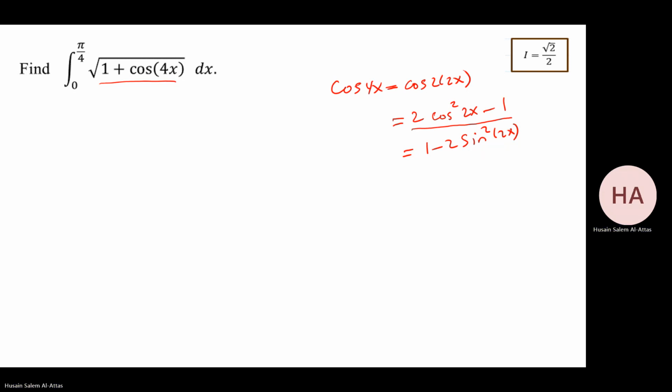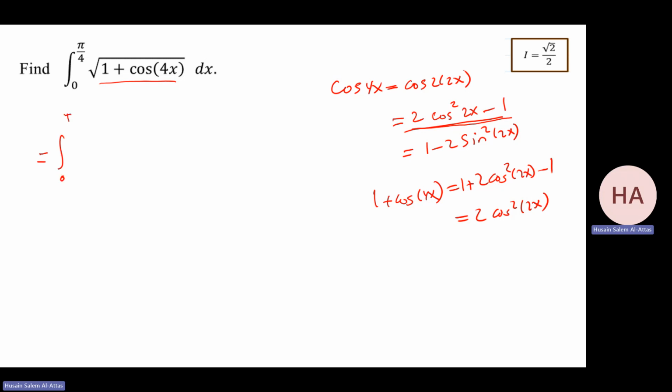So 1 plus cosine 4x will be 1 plus 2 cosine square 2x minus 1, and that will be 2 cosine square 2x. So now I get rid of the absolute value. So that will be 0 to pi over 4 of the square root of 2 cosine square 2x dx.